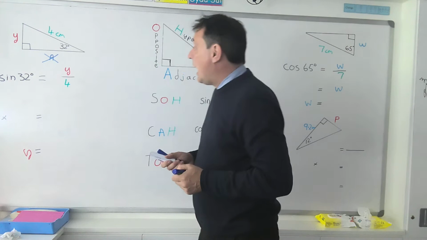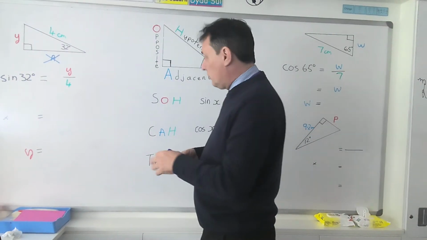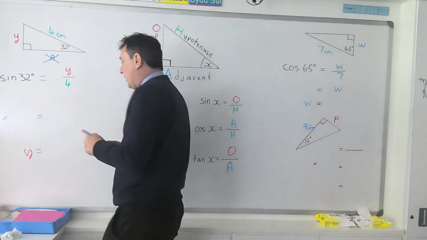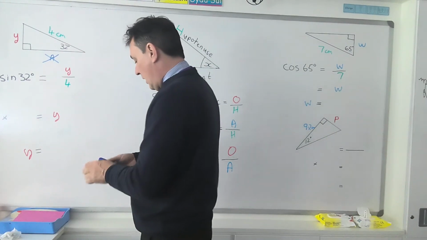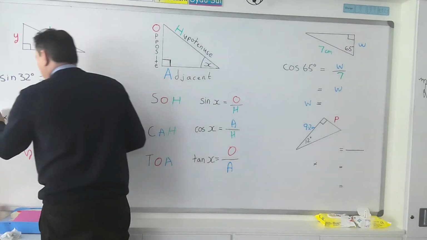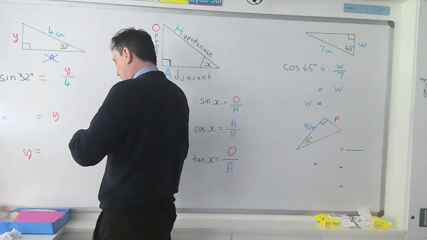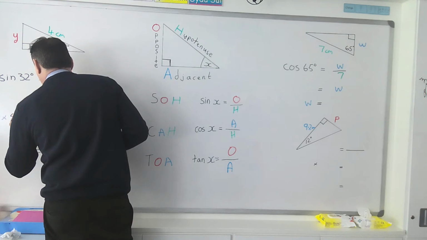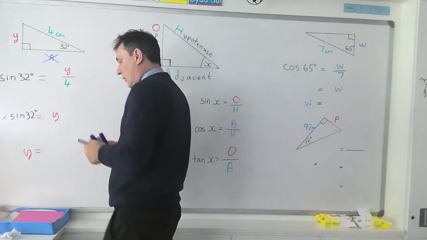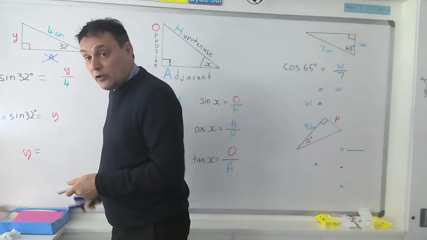Next stage is we want to get y on its own, so we're going to multiply both sides of this equation by 4, and so 4 multiplied by sine 32 degrees will give us what y is, and now we're going to work it out.